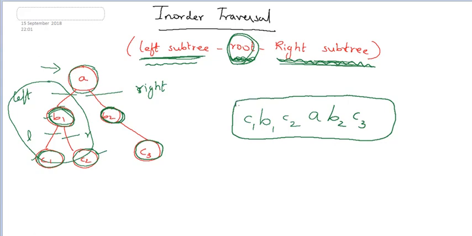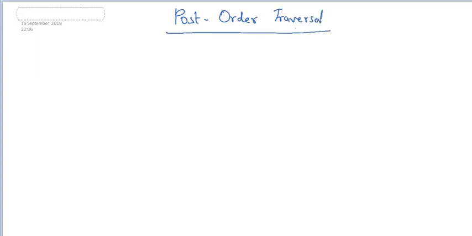Now, let us move on with the post-order traversal, which is the last type of traversal we will be seeing in this video. Now, post-order traversal. So, what is the post-order traversal?